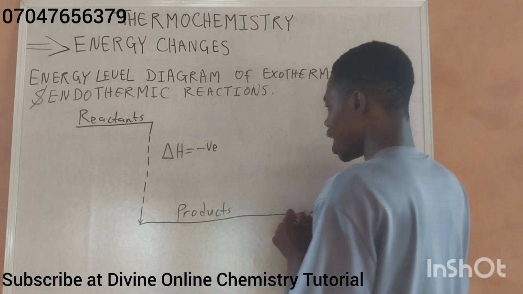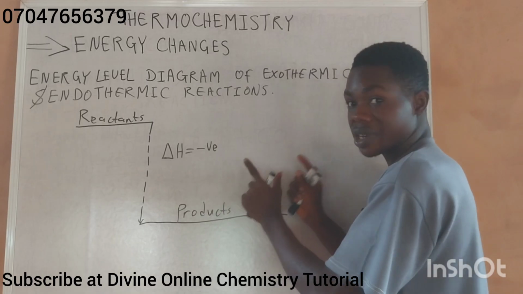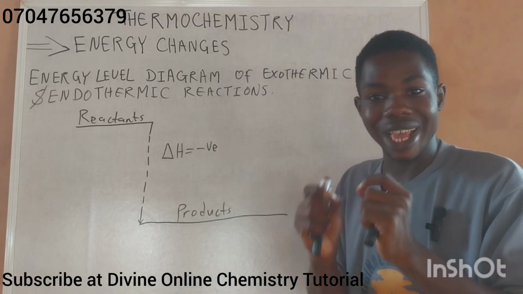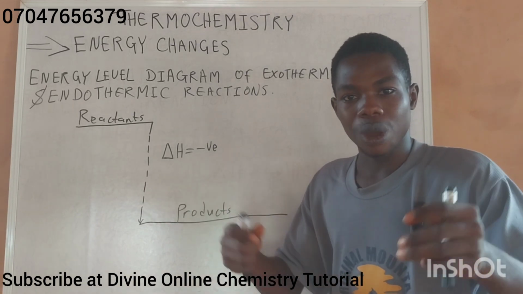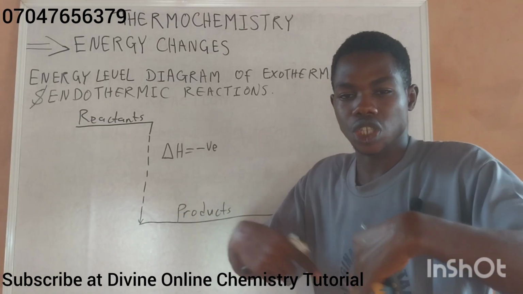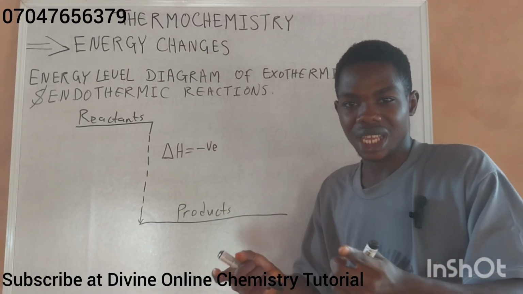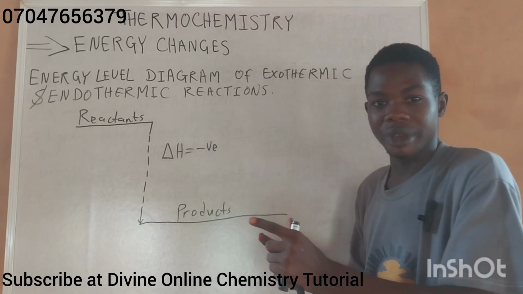Please take note that the change in enthalpy for an exothermic reaction is negative, because in an exothermic reaction, heat is being given out to the surrounding. We can also say that heat is being lost to the surrounding from the reaction vessel. Because heat is being lost, delta H is negative for an exothermic reaction.